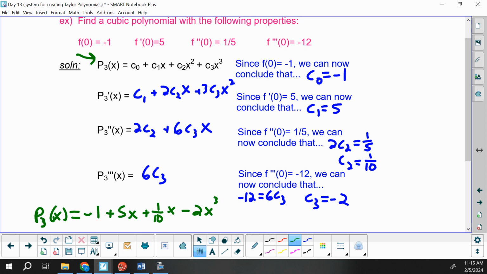So what this tells us is that if we just know the value of n derivatives at our center, so in this case 3 derivatives at our center, then we can find the nth degree polynomial. So if you know your value of your function and the first 7 derivatives at that center, then we could do something like this to find the 7th degree polynomial.